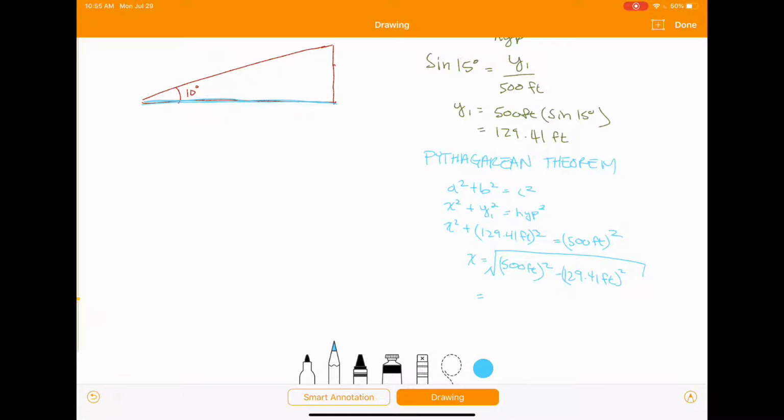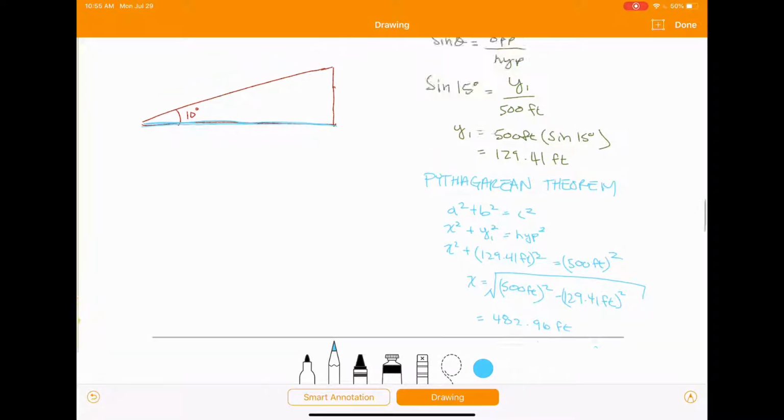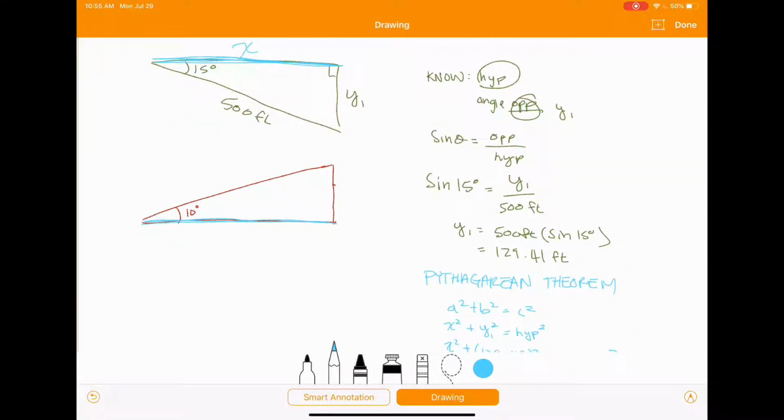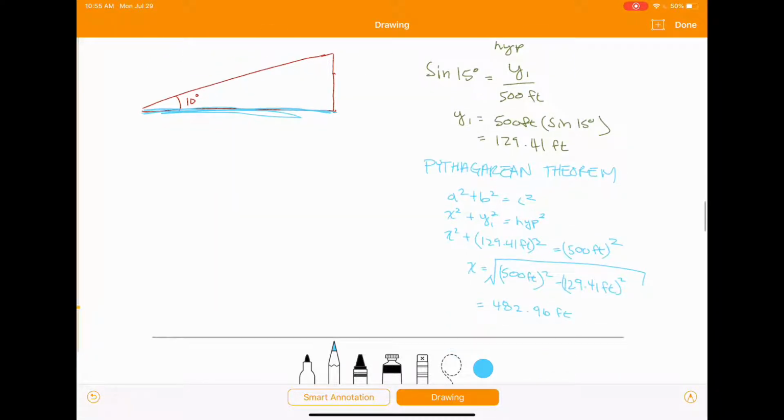And you will get that x equals 482.96 feet. And again, we solved for this length here, but that is equal to this length here. So now we know that the length of that is going to be 482.96 feet.